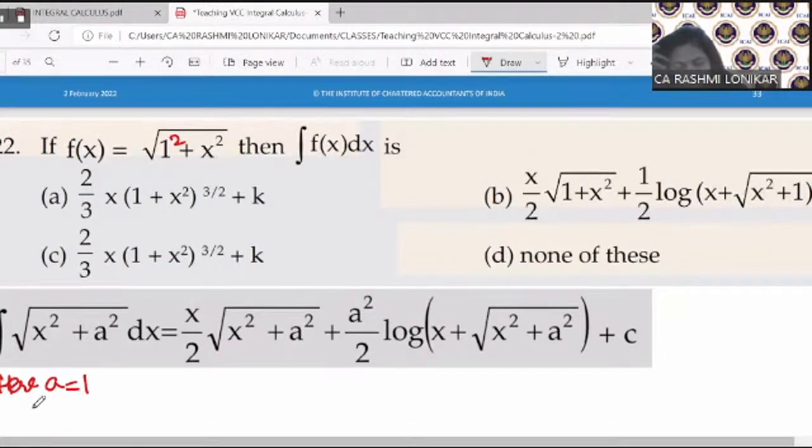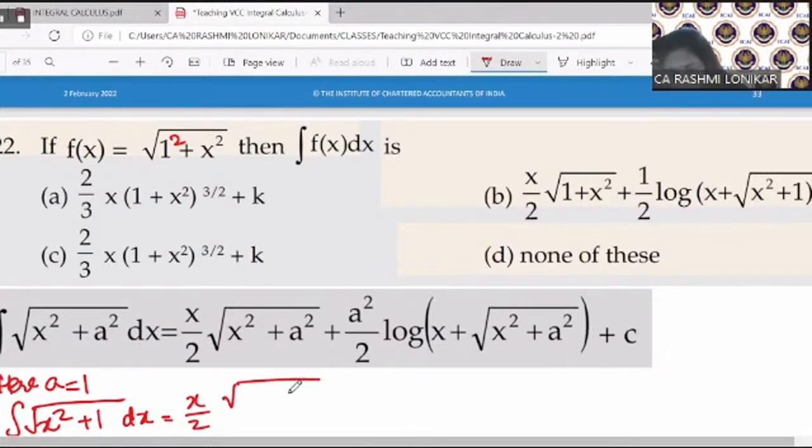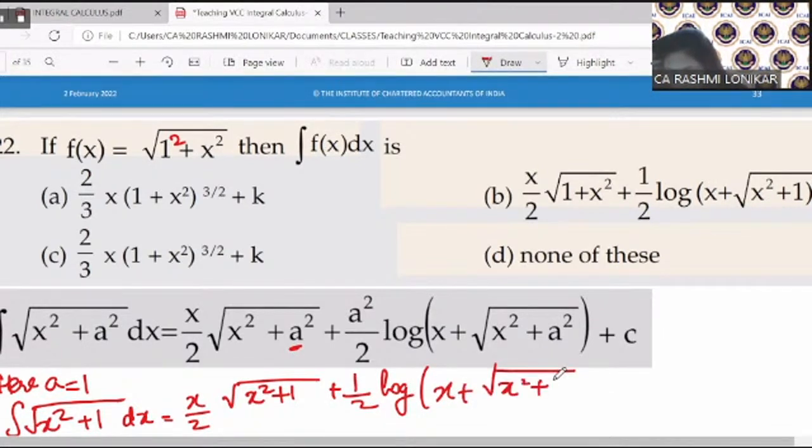So this is integral of under root of x square plus 1 dx is equal to x by 2 under root of x square plus 1, because instead of a square I am writing 1, plus again 1 by 2 log of x plus square root of x square plus 1 plus c. Which answer do I have?